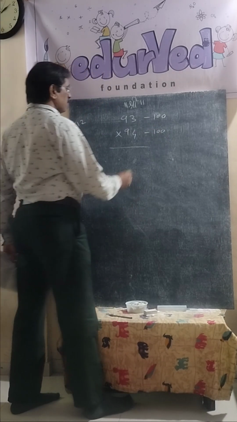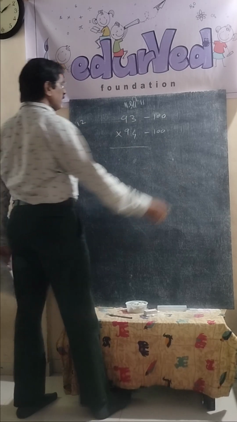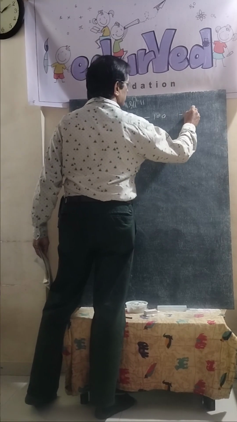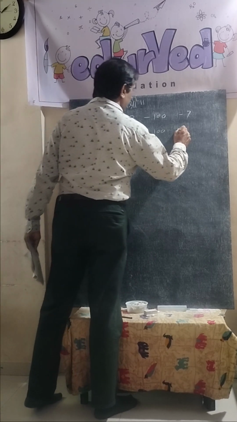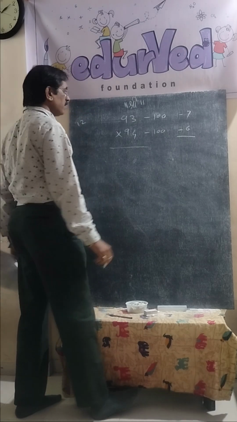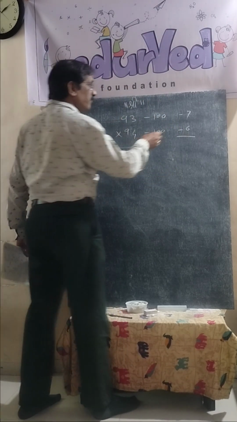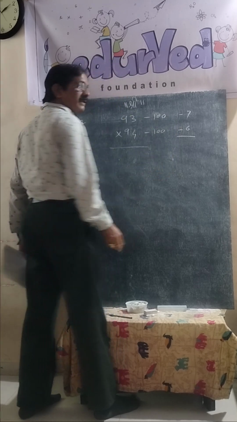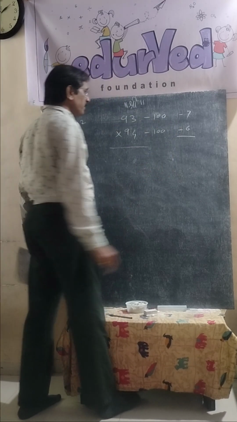Next, 93 minus 100 will be minus 7. And 94 minus 100 will be minus 6. The minus sign should be written over there because it may create confusion later on when the number is greater than 100 or the mixing up of numbers is there.